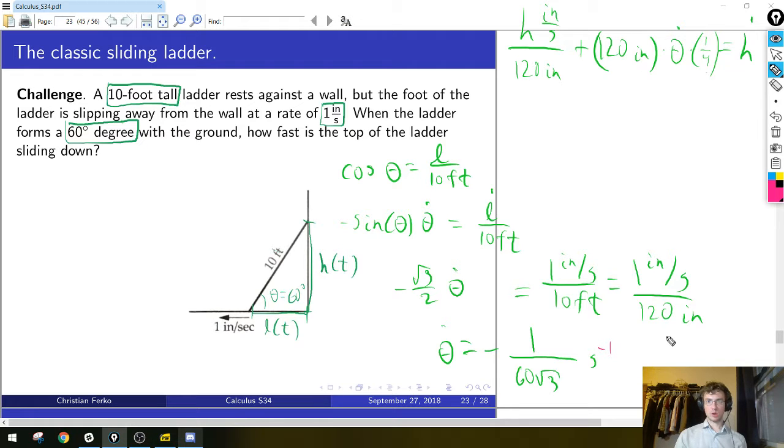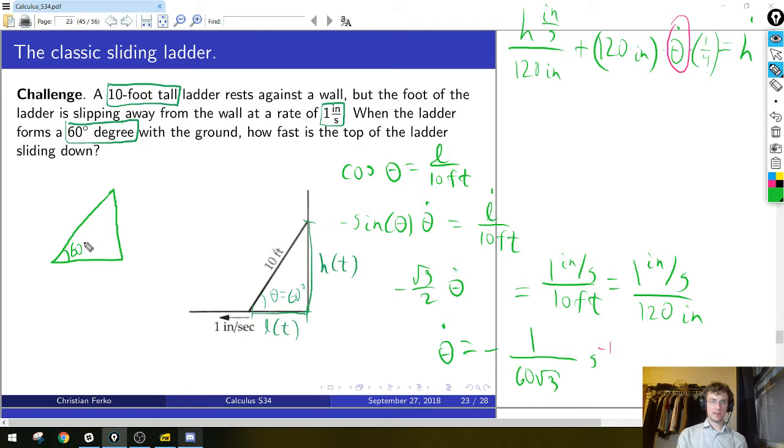Okay, so we're almost done. We know theta dot, because we've just solved for it. We're trying to get an equation for h dot, which means we need one more thing: we need h. So at the time in question, let me redraw the ladder triangle.